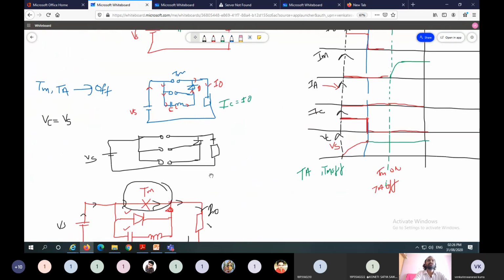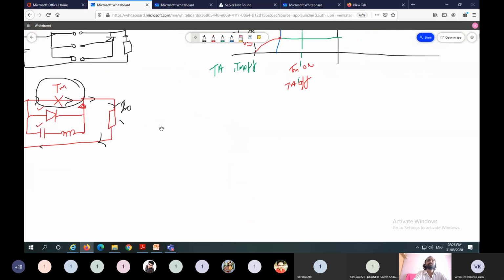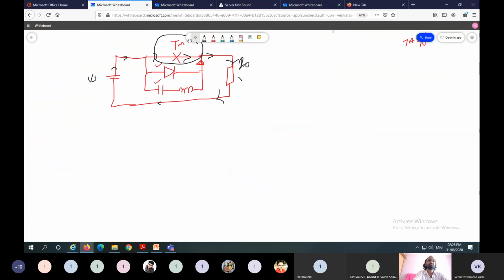If you draw the circuit diagram, TM is on state. This one is the source. This one is load. And in this time period, TA is also triggered.